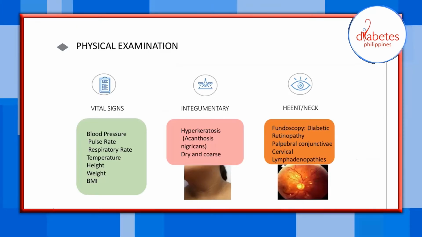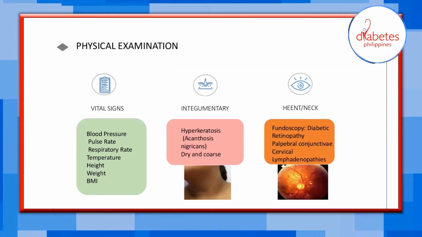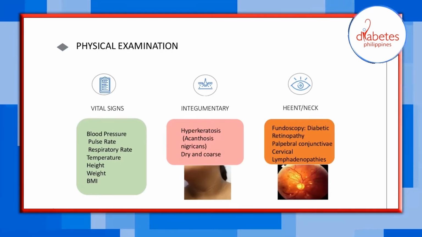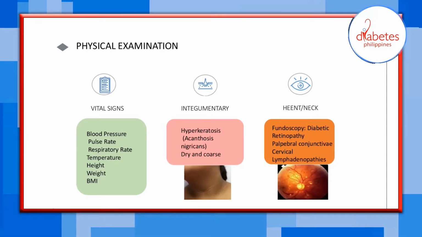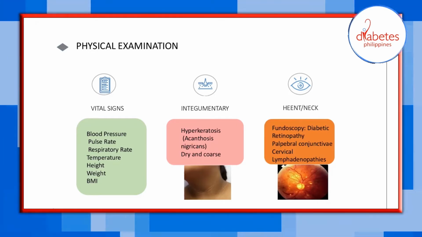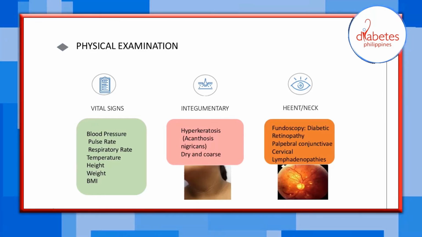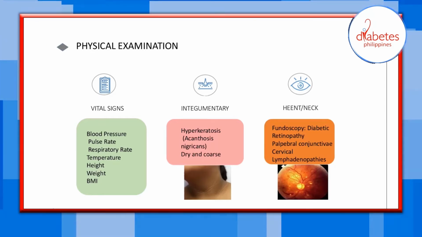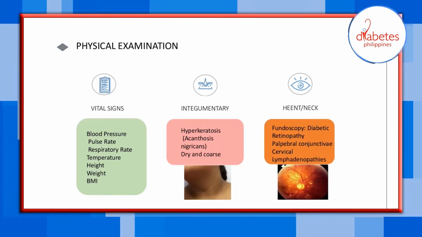Also, you have to check the integumentary system, the skin, for signs of infection or volume overload or volume depletion. And check the head and neck. For all patients that are diabetic, you have to do the fundoscopic examination to check for diabetic retinopathy. Also check the palpebral conjunctivae for possible presence of anemia and for lymphadenopathies that can be suggestive of infection.